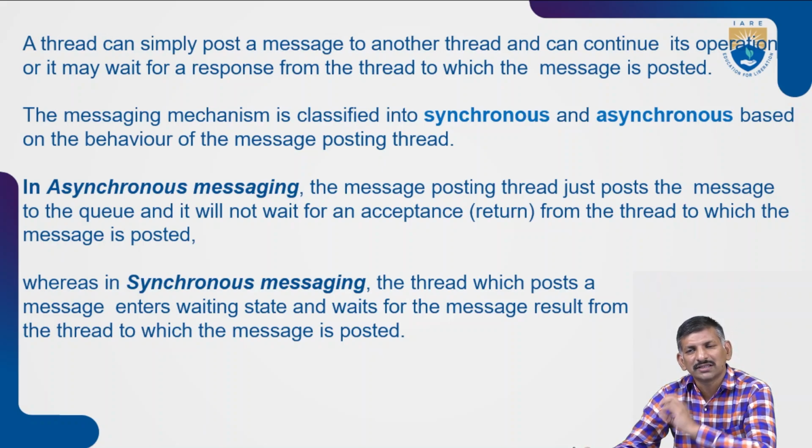Asynchronous means they simply post the messages, with no need to wait for a response from the destination. In asynchronous messaging, the posting thread just posts the message to the message queue and does not wait for an acceptance from the thread to which the message is posted.